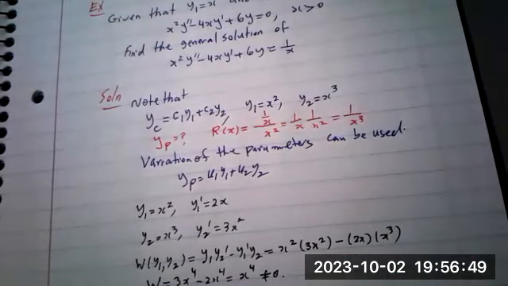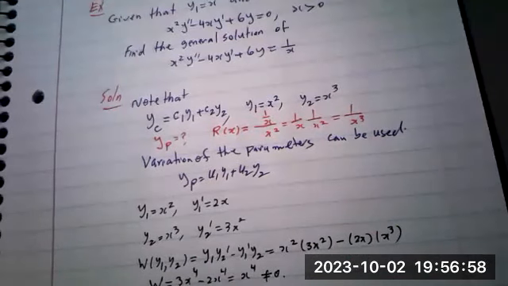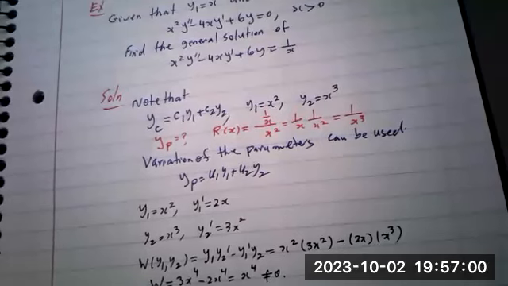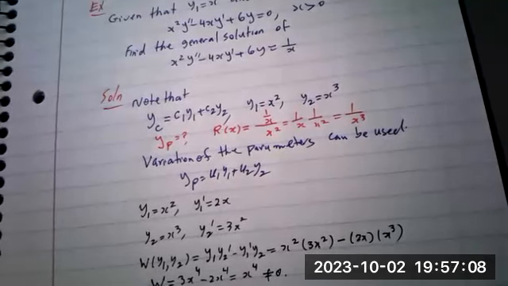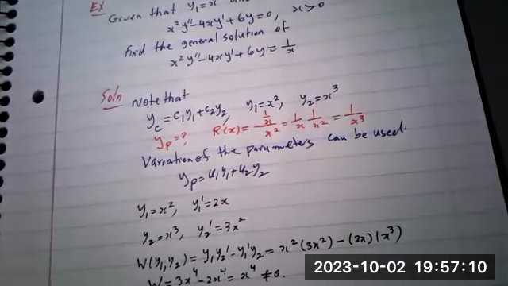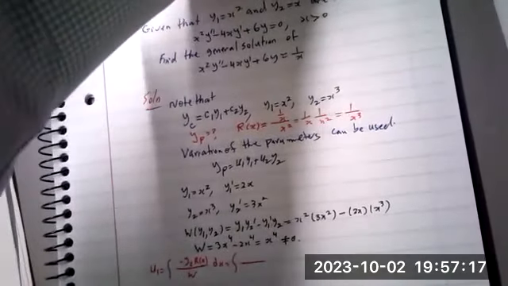Okay. So go to the formula. Get the u1. What is u1? u1 equals the integral of negative y2 r of x divided by the Wronskian dx.